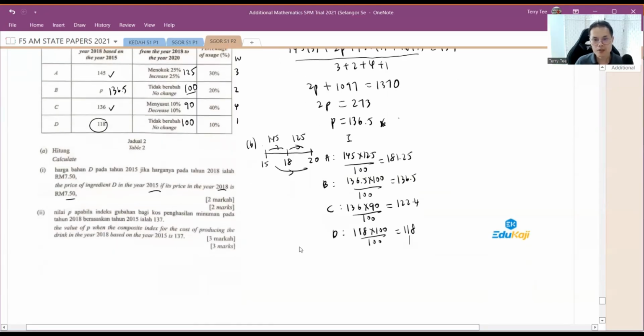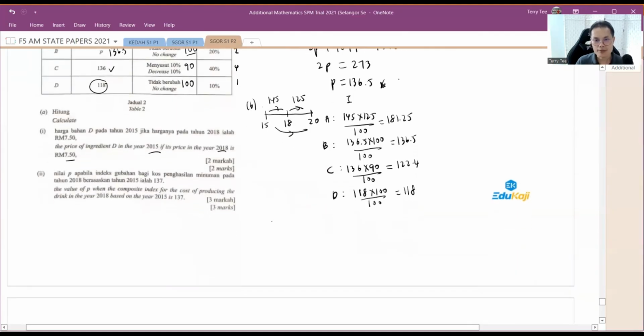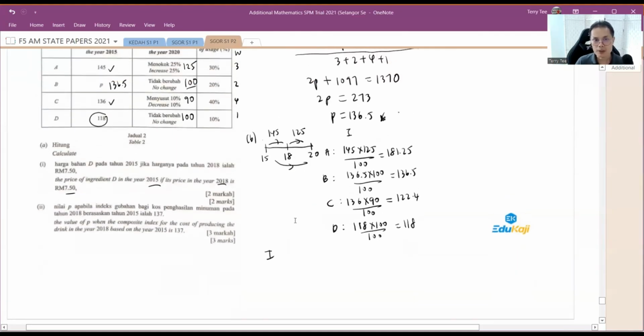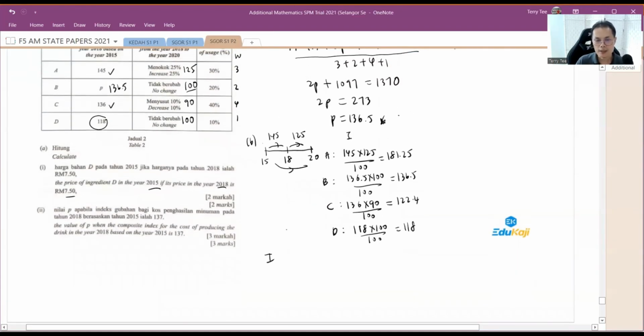To find the composite index, very simple. The weightage remains the same, still 3, 2, 4, 1. So your composite index from 2015 to 2020 is: 181.25 multiplied by 3, 136.5 multiplied by 2, then 122.4 multiplied by 4, lastly 118 times 1, divided by the total weightage. We know earlier our total weightage is 10.